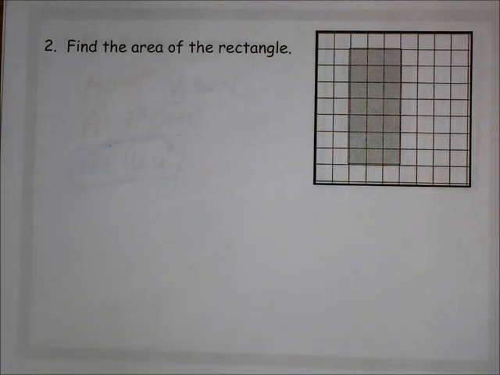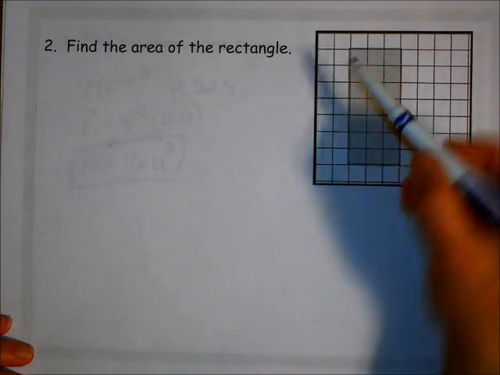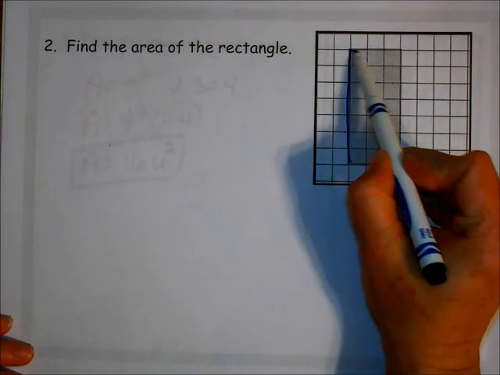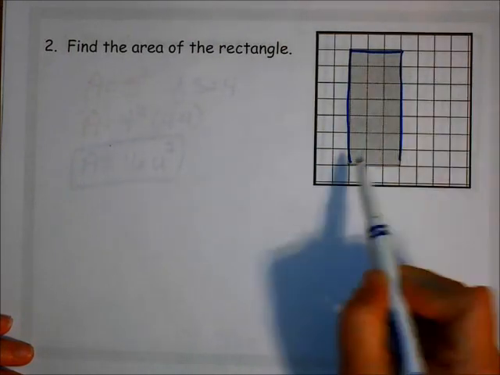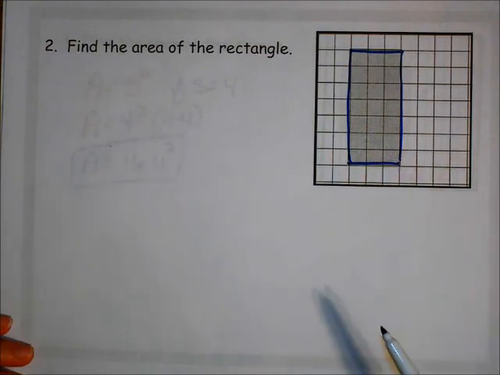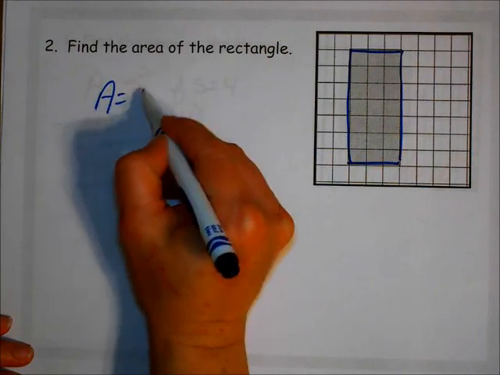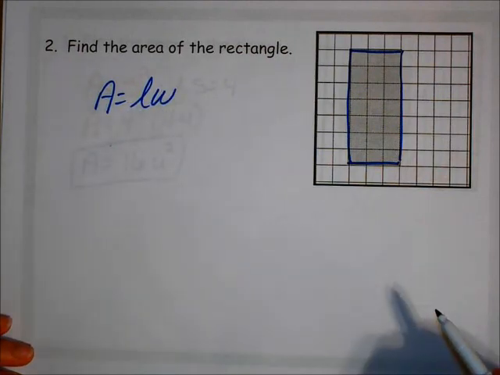Okay, number 2 asked me to find the area of a rectangle. Once again, I could count all of the squares inside my rectangle, or I can use my formula, and my formula for area of a rectangle is length times width.